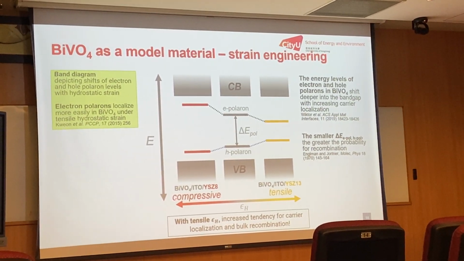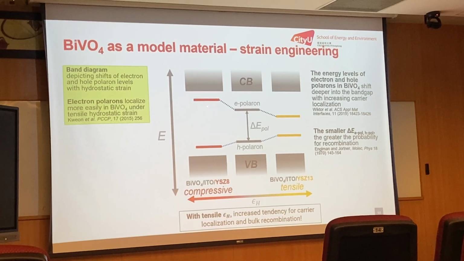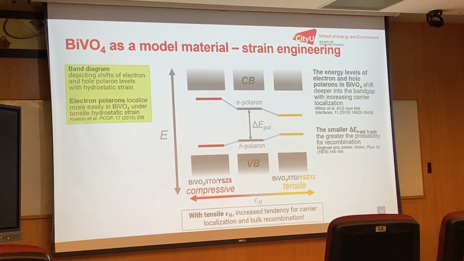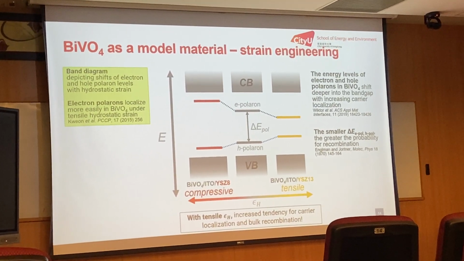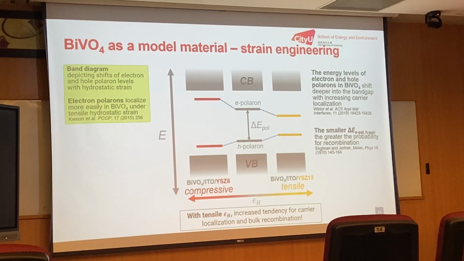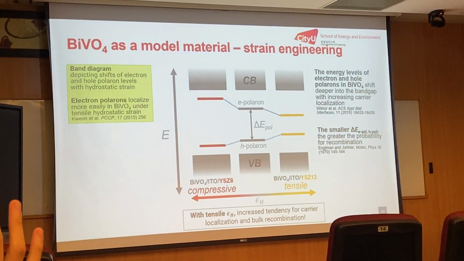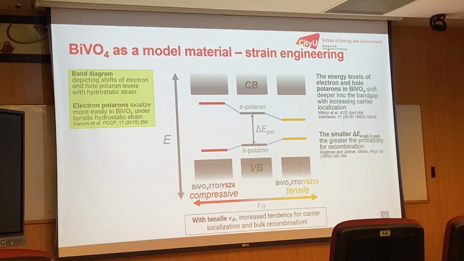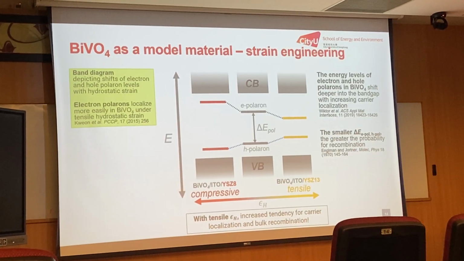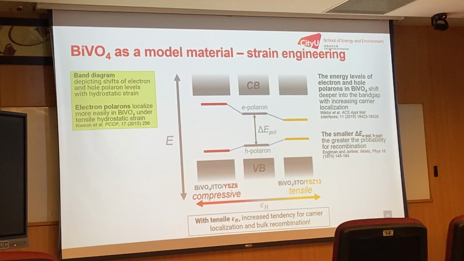Whereas when you go to the compressive strain, this level gets closer to the conduction and valence band and becomes less recombination. But this is very, very hand wavy and needs to be proven further, right? So this is just a hypothesis at this point.